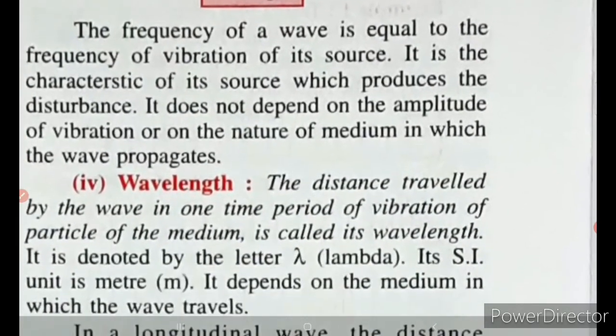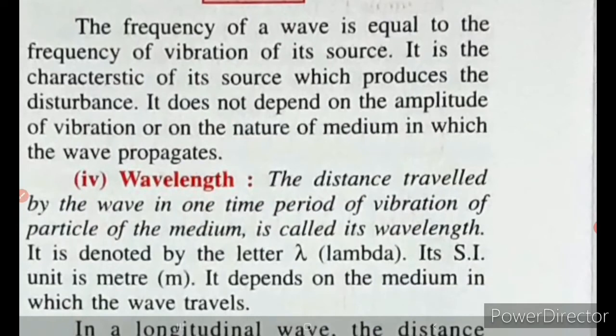The next one is the wavelength. The distance traveled by the wave in one time period of vibration of a particle of the medium is called the wavelength. So it is actually the length of a given wave. From the word only, wavelength is the length of a given wave. There are three ways to measure the length of a wave: between two consecutive compressions, or two consecutive rarefactions, or two consecutive mean positions.